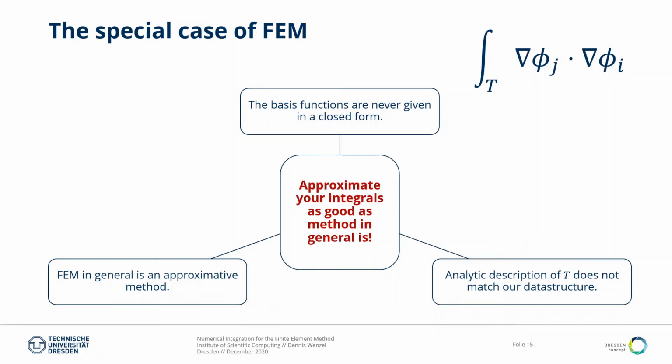If your numerical scheme of finite element methods is an approximation, the only thing you need to do when talking about integrals is approximate them as well as the method in general is, because otherwise there is no use in computing integrals exactly with zero error if the thing that you are computing is not the exact solution anyways.